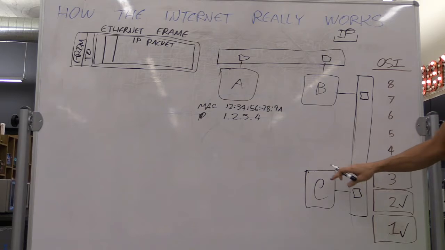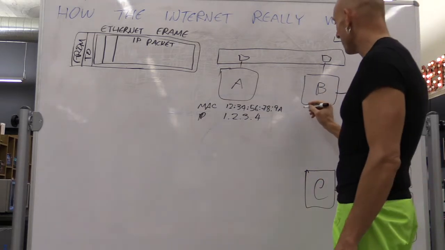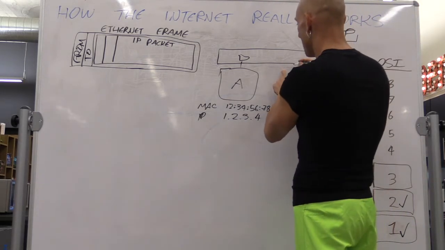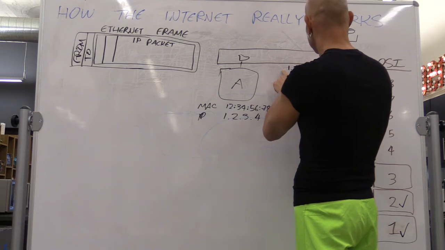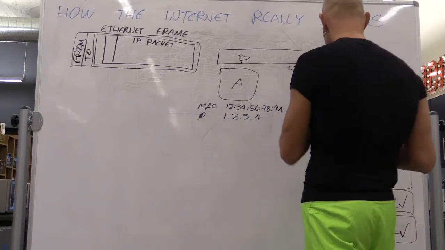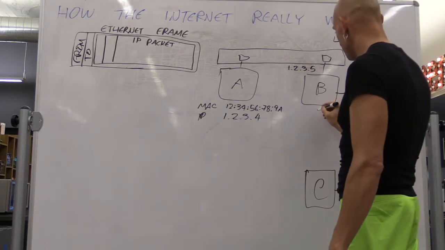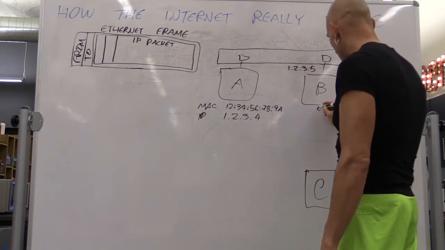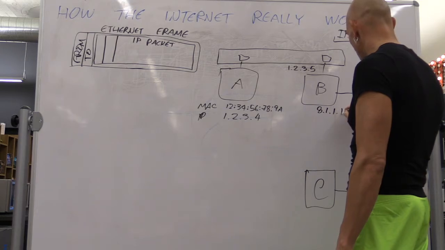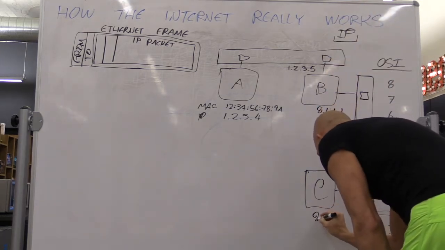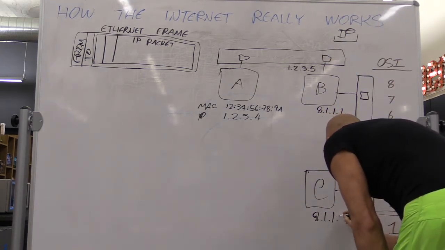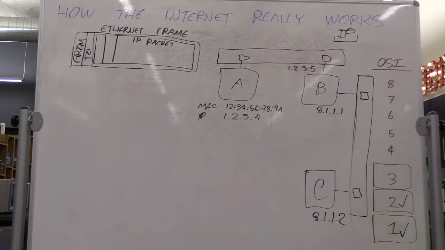So does B, so does C. Let's say B over here on this interface has an IP address of 1.2.3.5. On this interface, it has an IP address of 8.1.1.1. And this machine is 8.1.1.2. I'm contriving it this way for a reason.